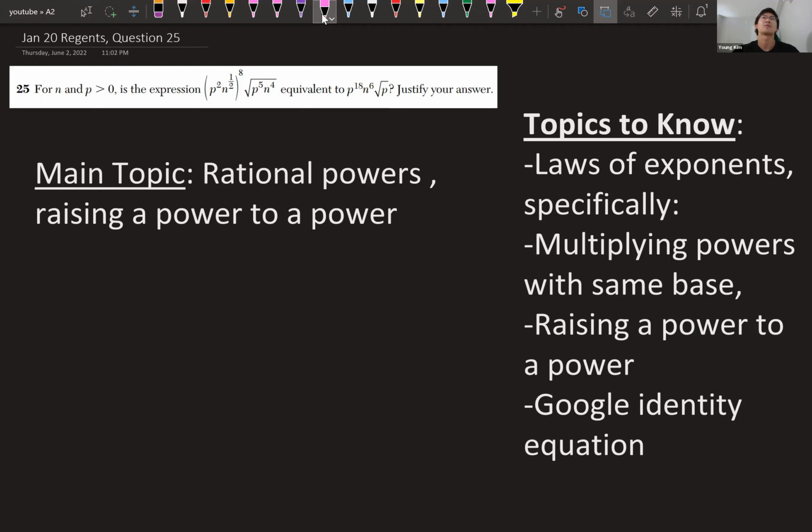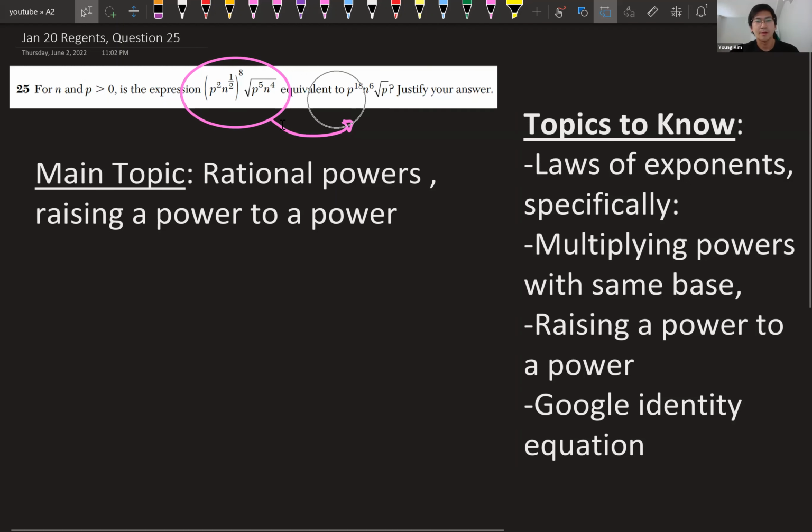And the heart of this problem is just, can you make this thing look like this somehow? Or another way is, can you simplify this one using equivalent steps so that it looks like something else, and then do the same with this so that it looks like something else, and then those two something else's look the same. Okay.